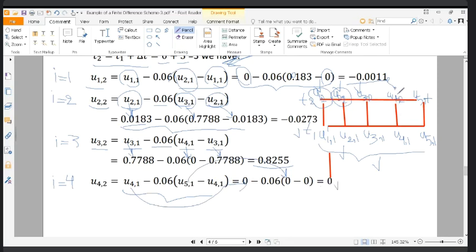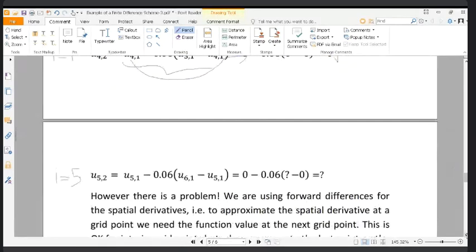And we go to the end point, u at x5 and t2. When we write the formula for u5,2, we have u5,1 minus 0.06 (u6,1 minus u5,1).